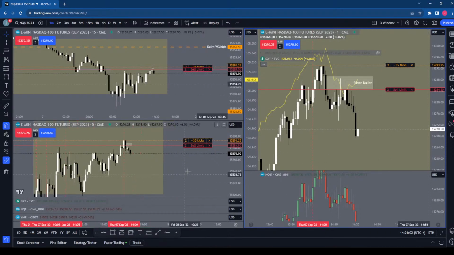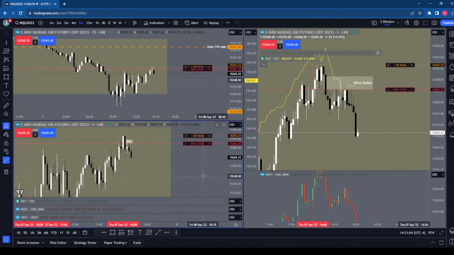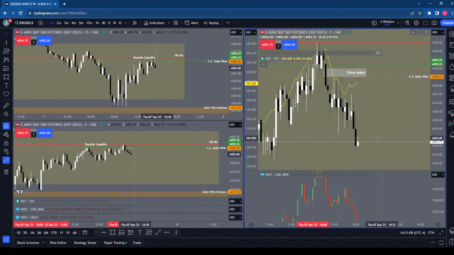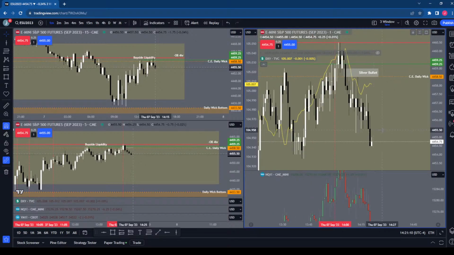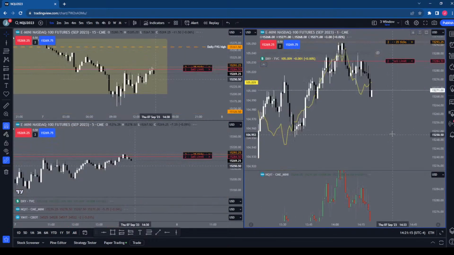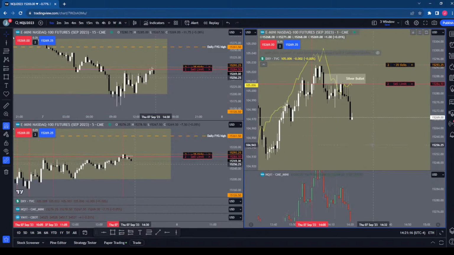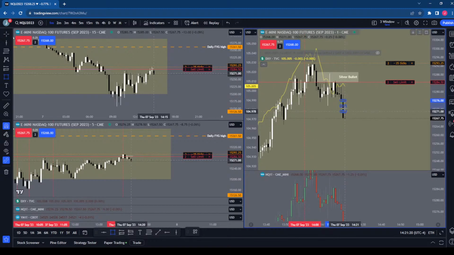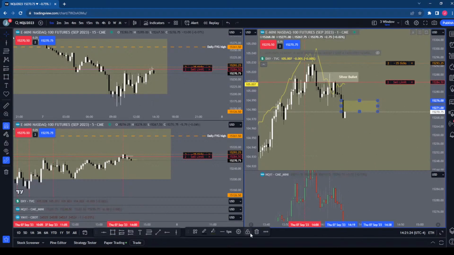Okay, so I like how NASDAQ is behaving a little more than ES. Let's see. Could be a second entry.